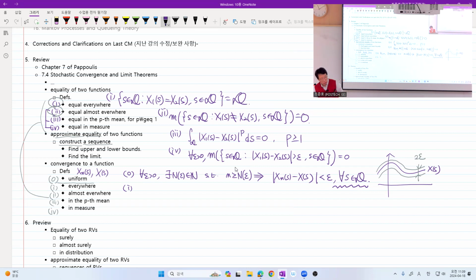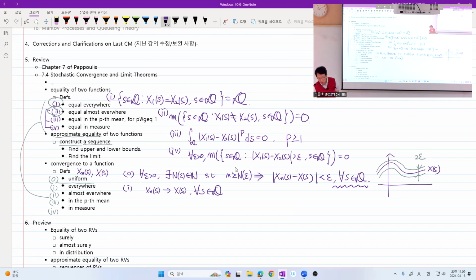Of course, we can use for every epsilon, blah, blah, blah, but the first simplest one is that xn of s converges to x of s for every s in the domain. And then we say that the sequence of functions converges to the function x everywhere.